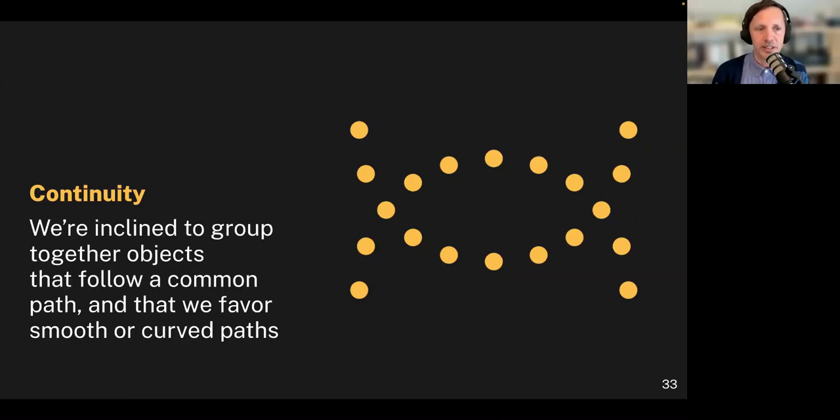You tend to read it less as a couple gold dots that are going up and then radically changing direction and going down, and then going up and going down again, making sort of sharp turns. We want to group together things that feel like they change continuously. The principle of continuity is that gradual incremental change improves group identity.